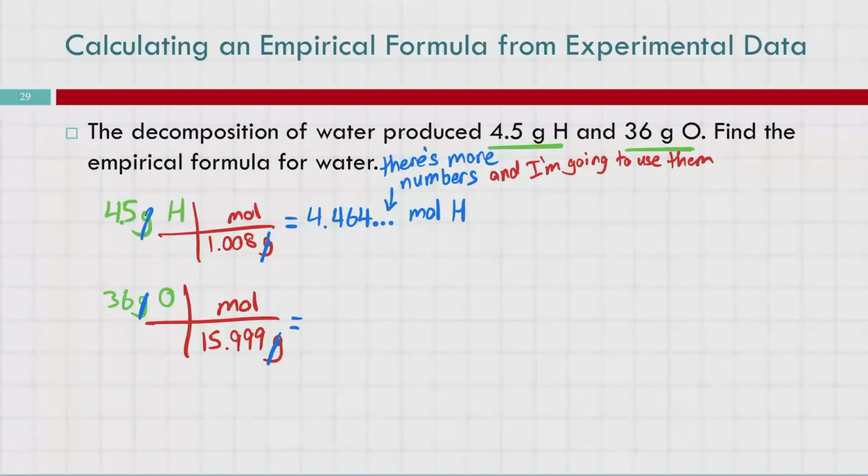So if your calculator is not going to save these numbers for you so that you can go back and look at the extra numbers that you had, write all the numbers out.